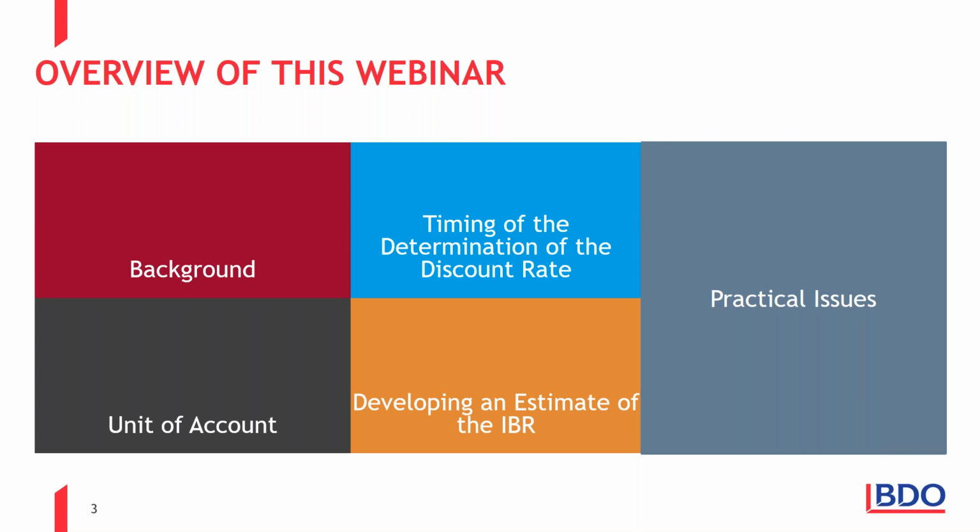I'll then hand over to Kevin, who will look at the unit of account, and he will look at the IFRS guidance rules requirements around developing an estimate of the incremental borrowing rate. And then finally, in our last section, we look at a number of practical issues, and that is where David and Martin will contribute with their experiences and what they do. So here we go.